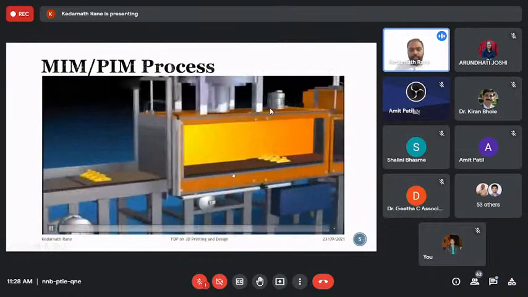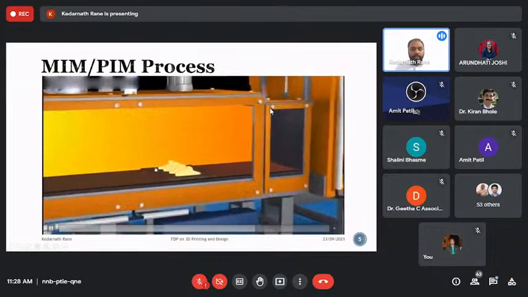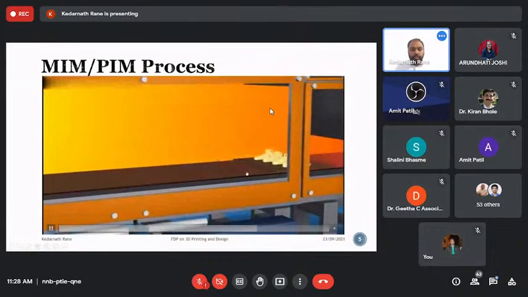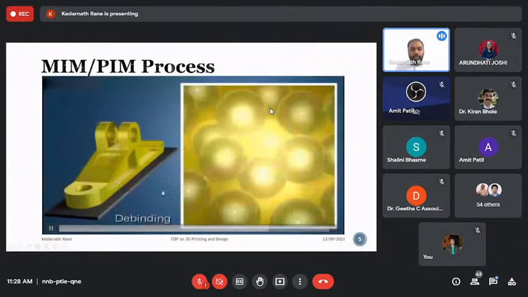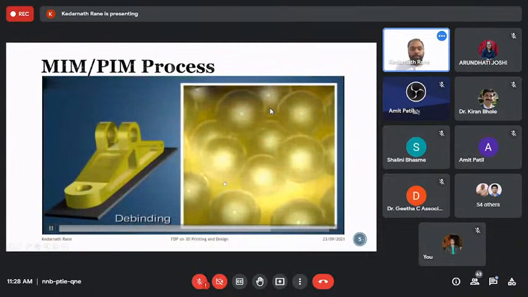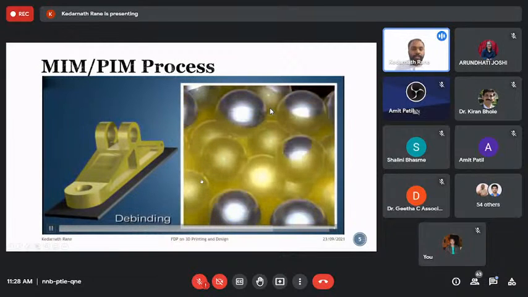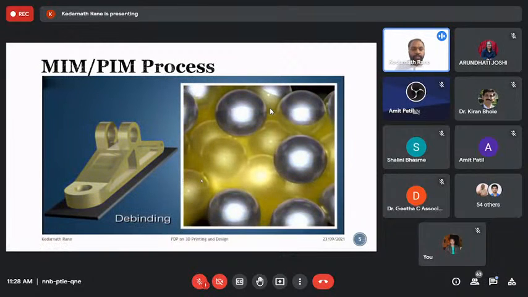But again, I think in this schematic they are skipping the debinding step. We are going to cover it in later slides. So they put this part in for removing the non-metallic constituents. They are showing a bed type of pusher bed furnace.